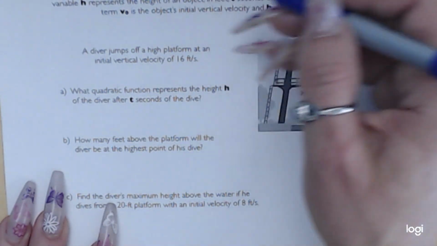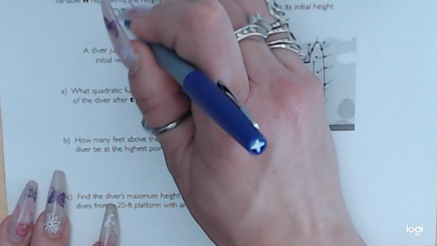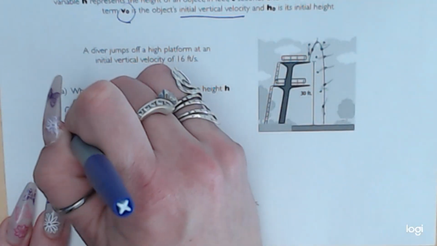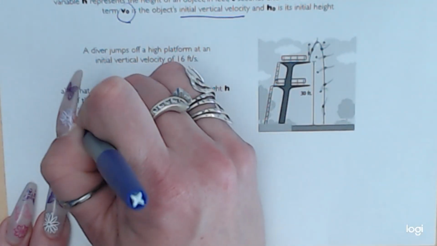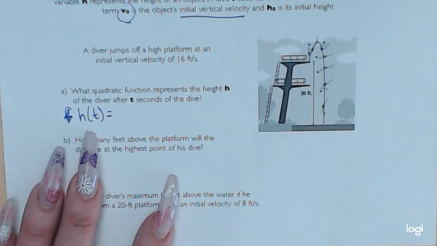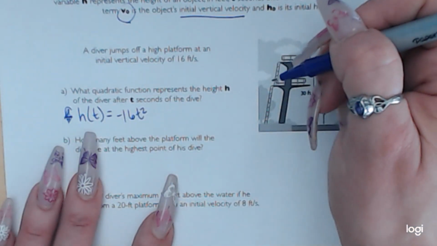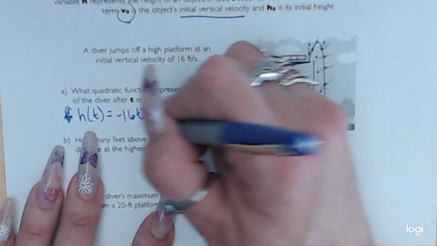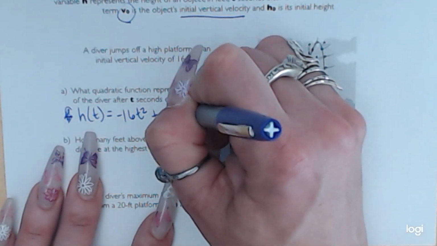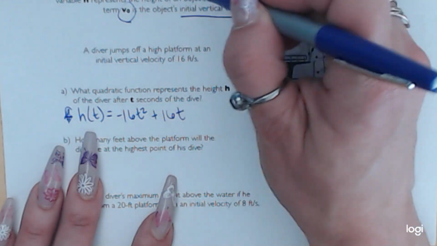We're going to replace that right here because this is the initial vertical velocity. So we have h of t is negative 16t squared plus 16t, because remember we're replacing this part.